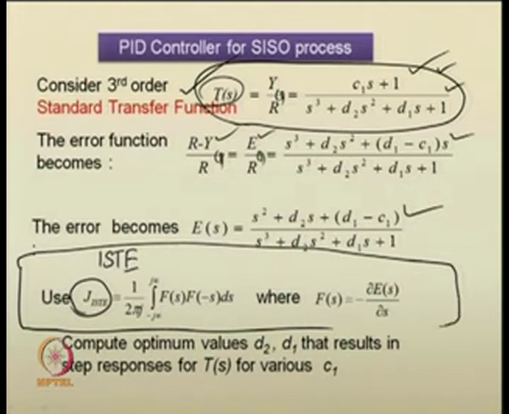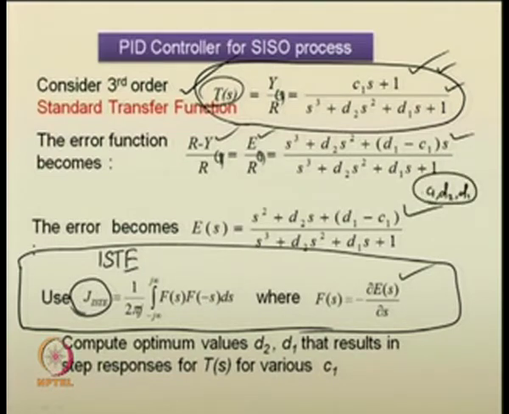The ISTE criterion is expressed as 1 upon 2 pi j, integration from minus j infinity to j infinity, of F(s) times F(minus s) ds, where F(s) is the partial differentiation of E(s). How to compute the coefficients C1, D2, D1 using some minimization routine? One can easily use Astrom's recursive algorithm.